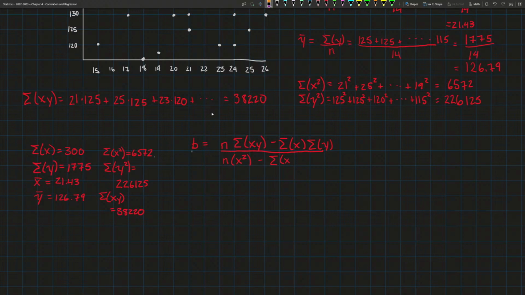That square should be on the outside. And now all we have to do is just plug in.